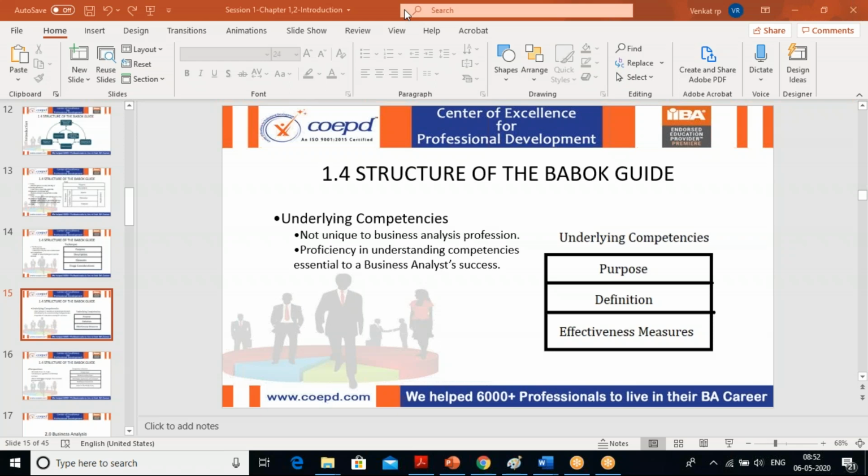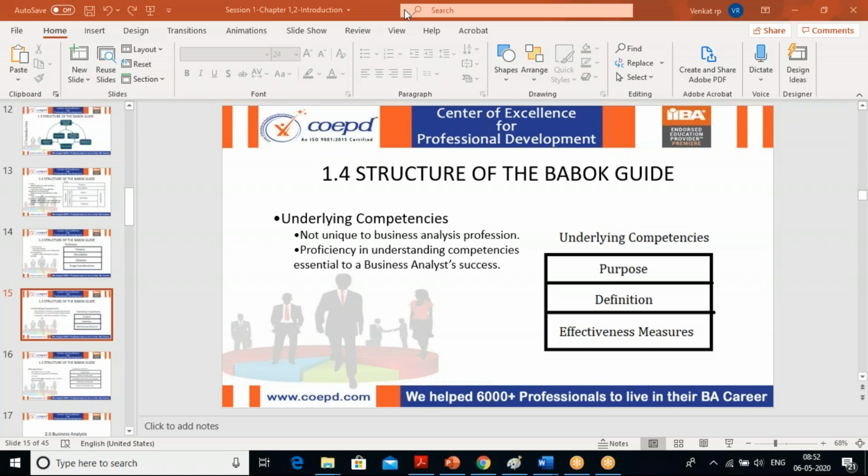We will discuss what methodologies, approaches and techniques we are going to use in order to enable this particular change. And we will use these underlying competencies, like what competencies are useful here. Just now we have discussed these underlying competencies, and the impact on knowledge areas. Now the impact on each of these knowledge areas we'll be discussing.